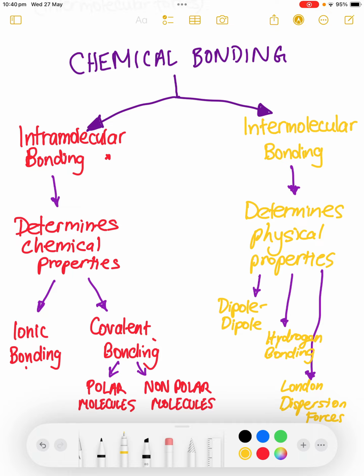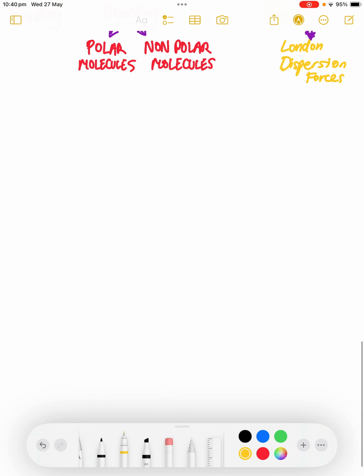Okay, and let's look into these types of intermolecular bonding. All right, first one that we're going to look at is dipole.